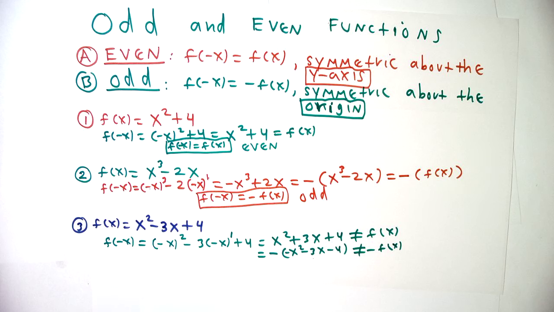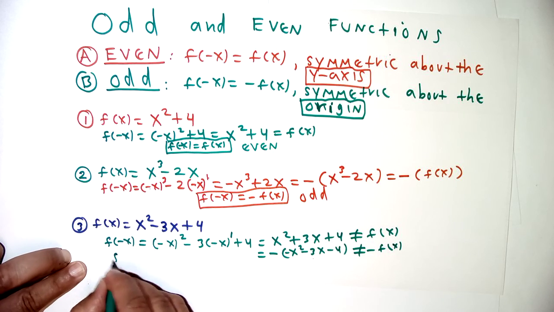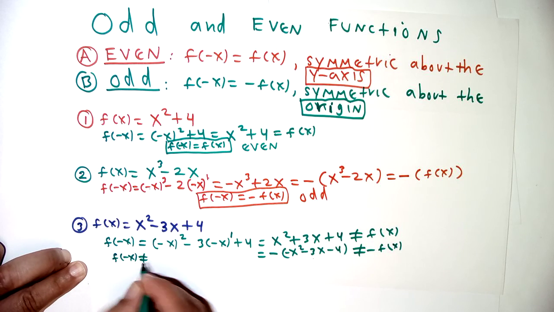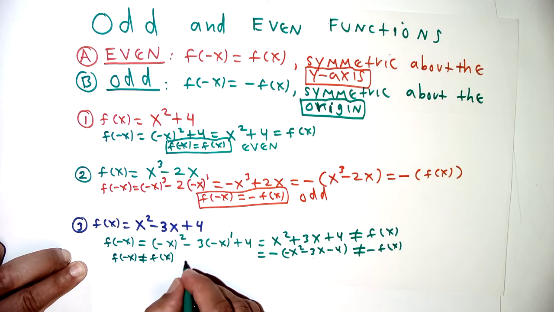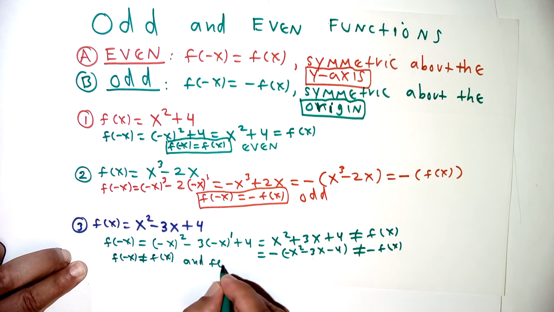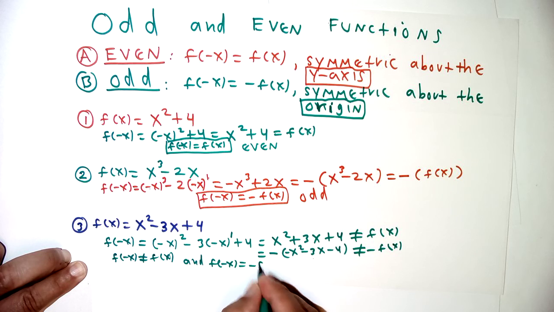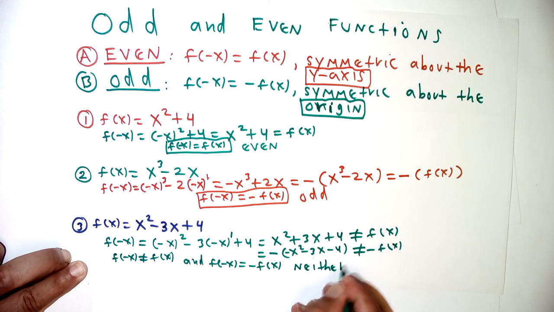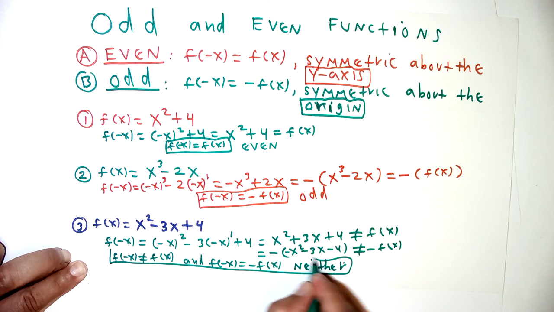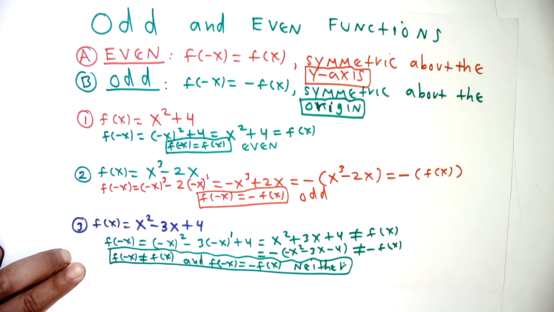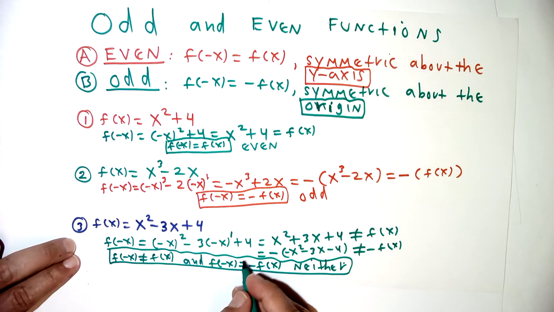In this case, we basically tried both of them. f of negative x is not equal to f of x, and f of negative x is not equal to negative f of x. Therefore, it's neither. And that's basically how you're going to set up the answer here, not equal.